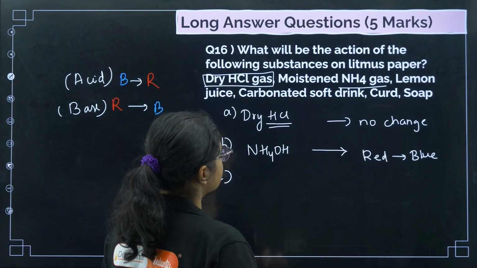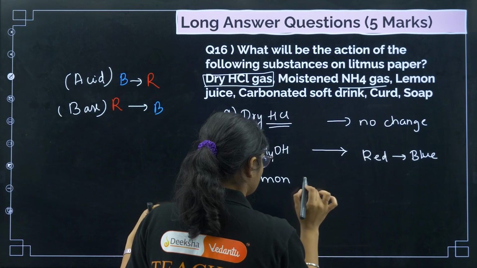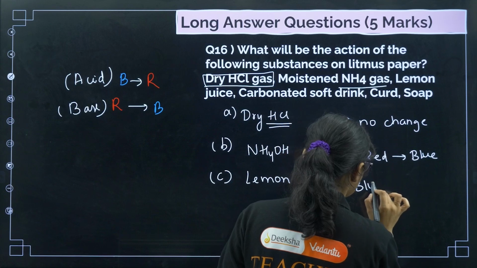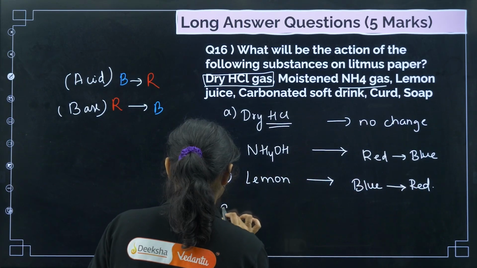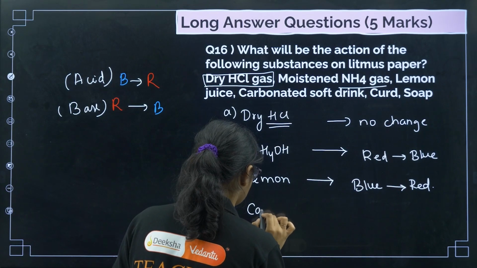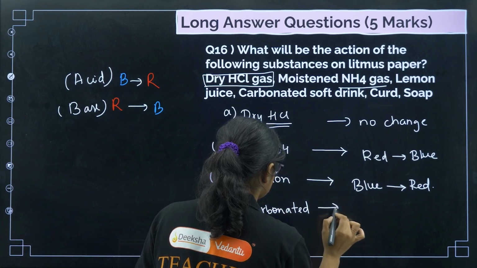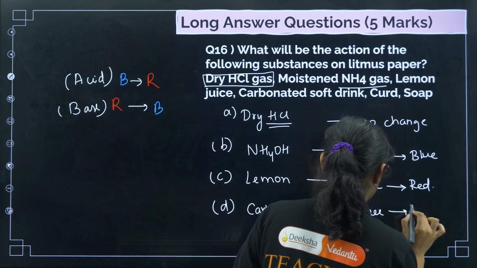Next one, C, lemon juice. Lemon juice is again acidic in nature, right? So this will convert blue to red. Okay, next if we see D, that is carbonated soft drinks. Carbonated drinks are again acidic in nature, right? So acidic in nature means it will again convert blue to red.